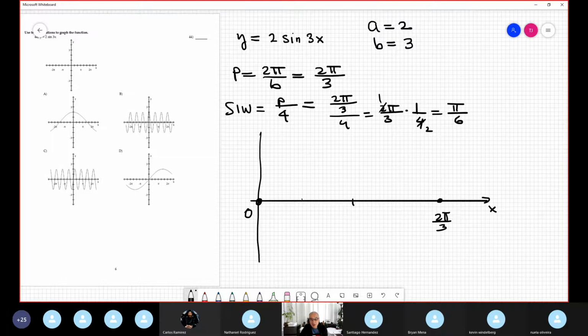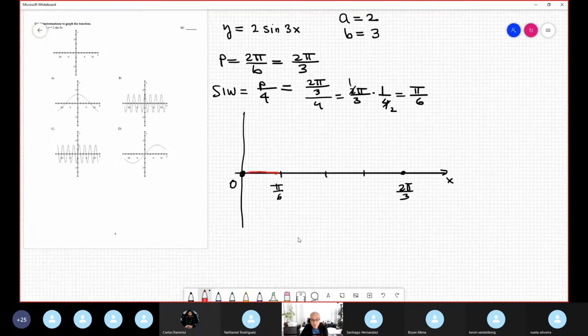So we have the five points. Look, 1, 2, 3, 4, 5. And the step is pi over 6. Pi over 6 is the first subinterval width, that distance. Now pi over 6 plus another pi over 6 is pi over 3.